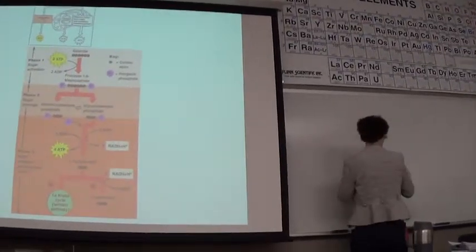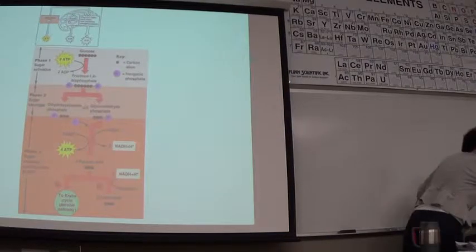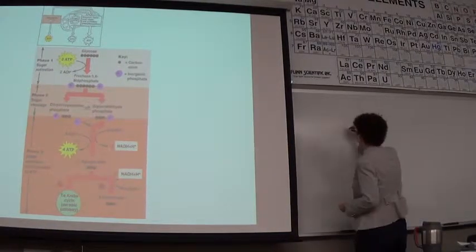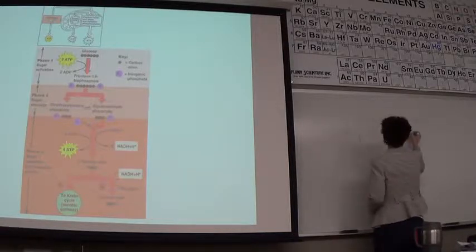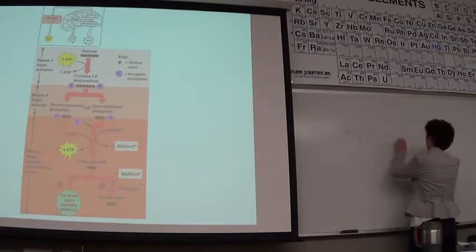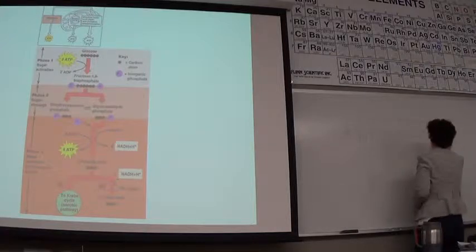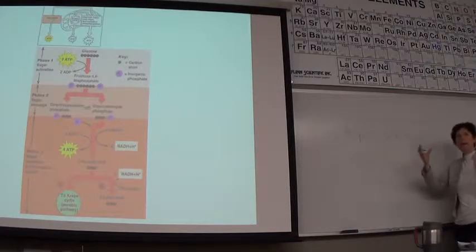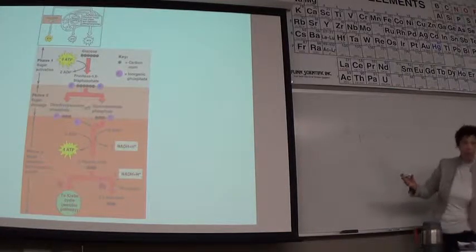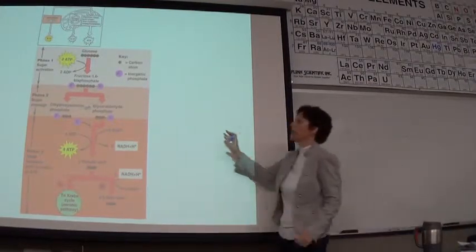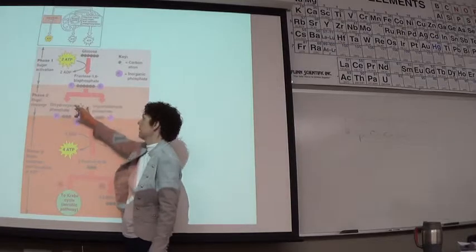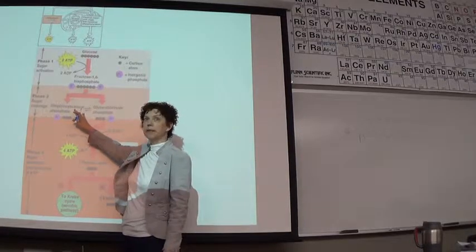We add a phosphate from our ATP, and we add another phosphate. So now we have a mirror image, right, of this molecule. An enzyme is utilized to split carbon-carbon bonds.